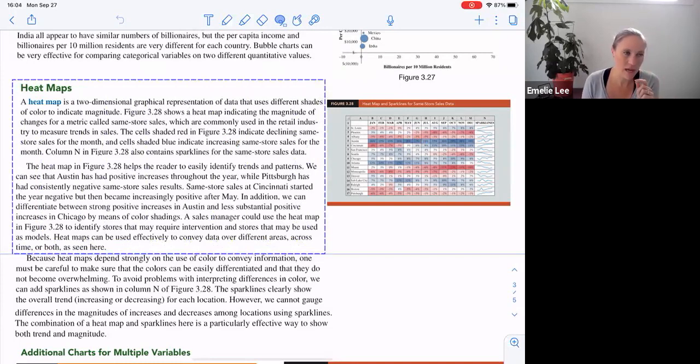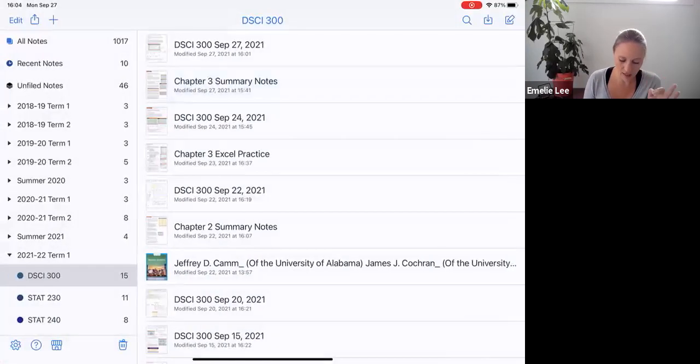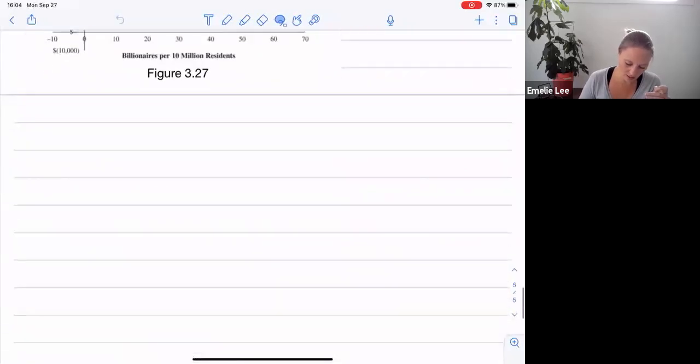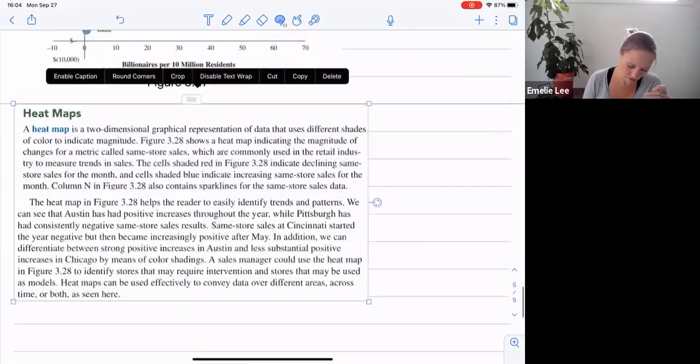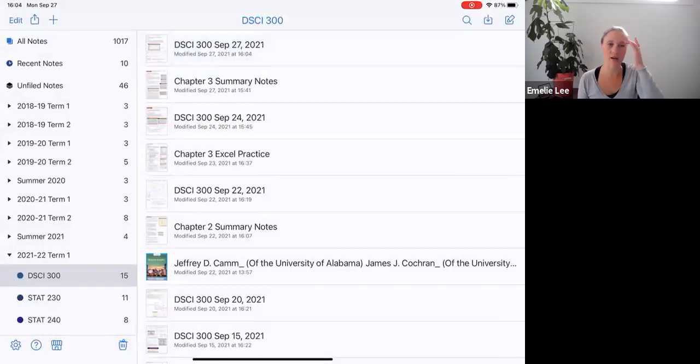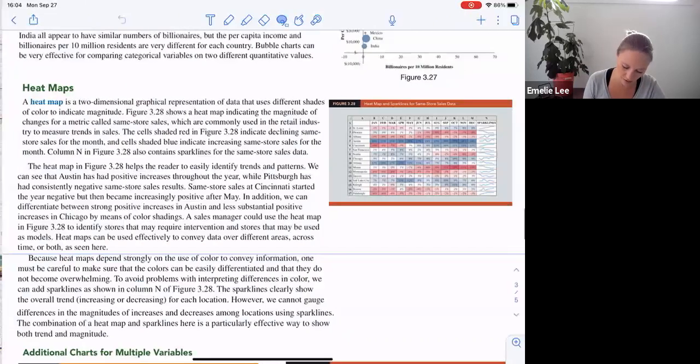Heat maps are pretty useful for quickly summarizing a ton of data. Especially if you're always producing the same heat map, then whoever's reading it would be familiar with the layout, and then it's easy to absorb that information because it's all color coded.